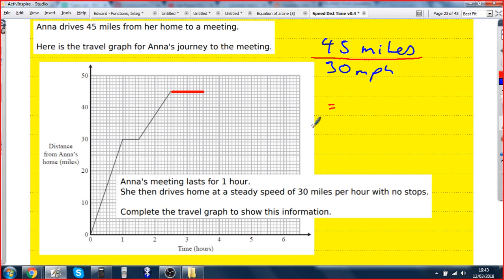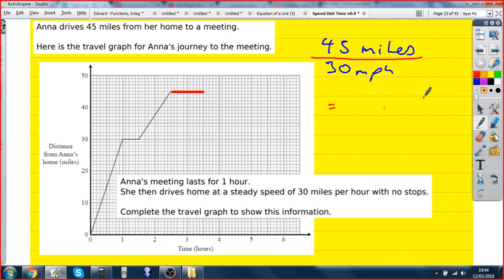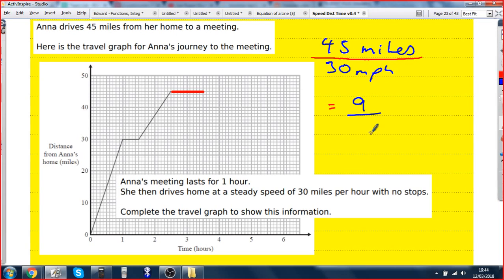Yeah, it is. How would you simplify that? I'm not sure. What could you divide the top and bottom by? 5. Yeah. So 9 over 6.